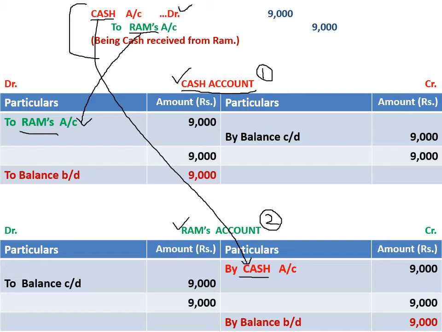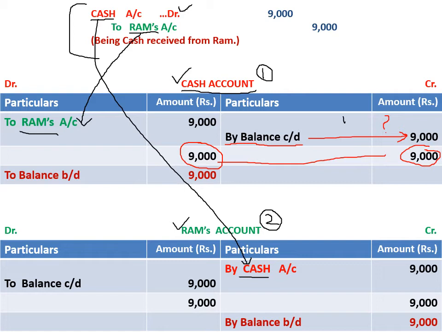We will total this debit side as rupees 9,000 and write the same 9,000 on the credit side. Now the credit side was empty, so we will write here by balance CD, and this is the missing figure, 9,000 rupees.